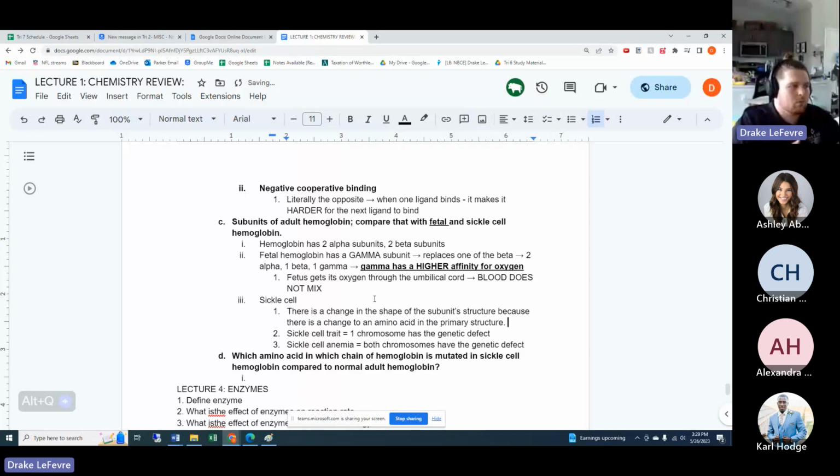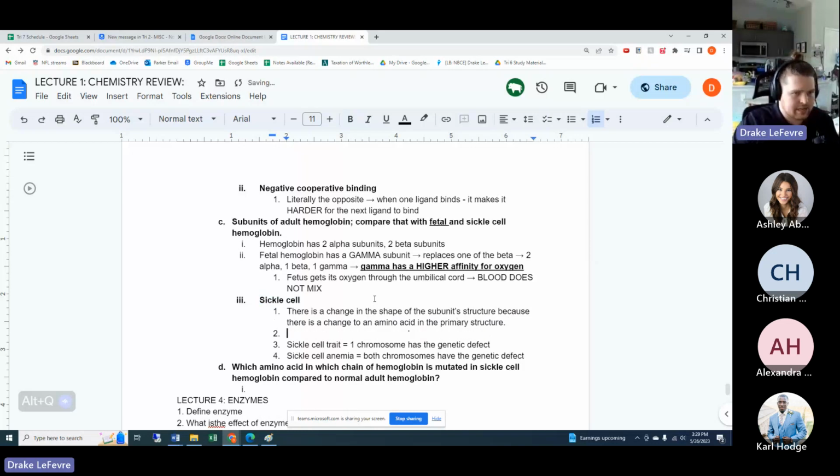So what is the most important part of making sure that a protein is functional? It is that the primary structure is correct. Literally all sickle cell is, and this can answer the next question, is a glutamate amino acid changed to valine at position 6 of the hemoglobin beta chain.